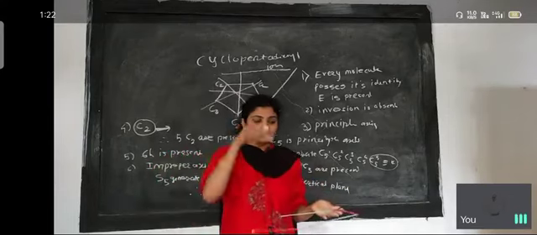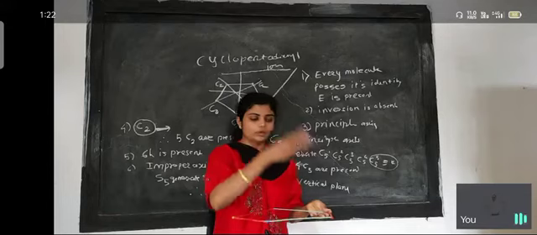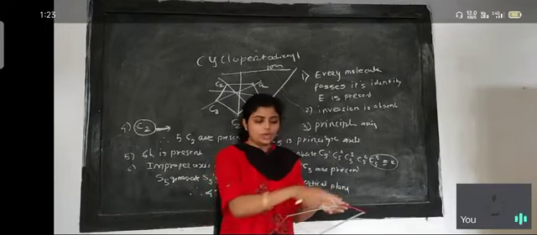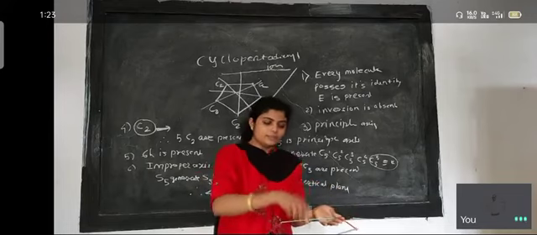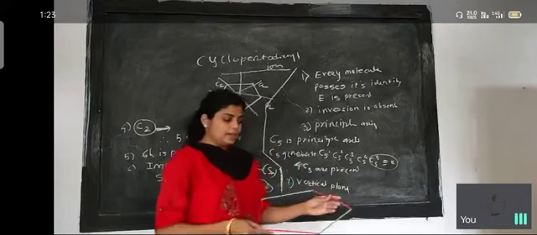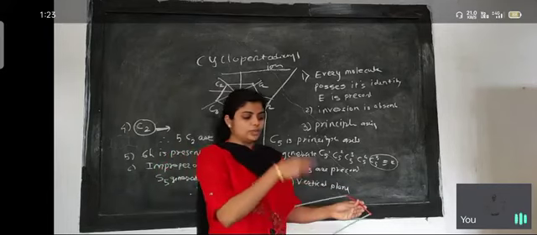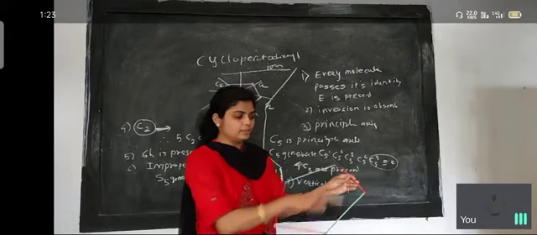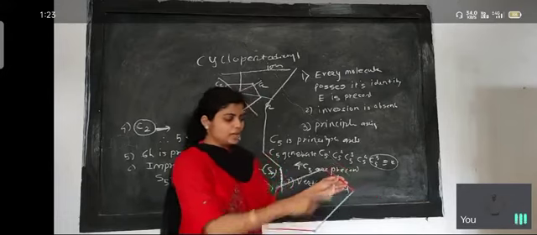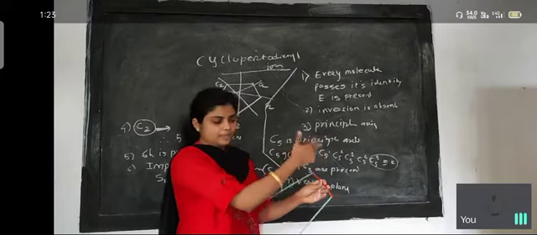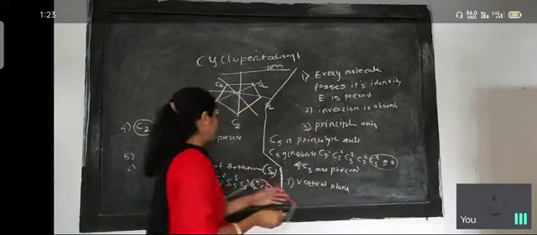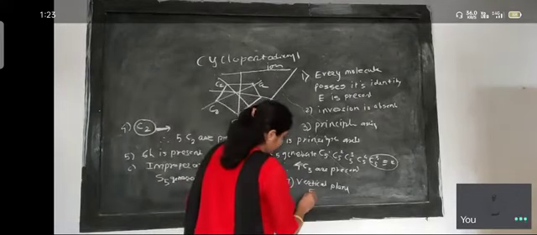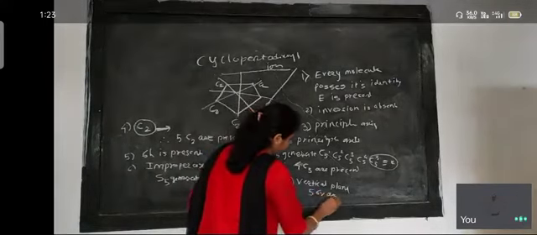The plane passing through the center of the molecule and one of the subsidiary axes. All the C2 axes are called subsidiary axes, and C5 is the principal axis. How many subsidiary axes are present? 5. So each carbon has a plane passing through the center of the molecule. So how many vertical planes are present? 5 sigma v are present.